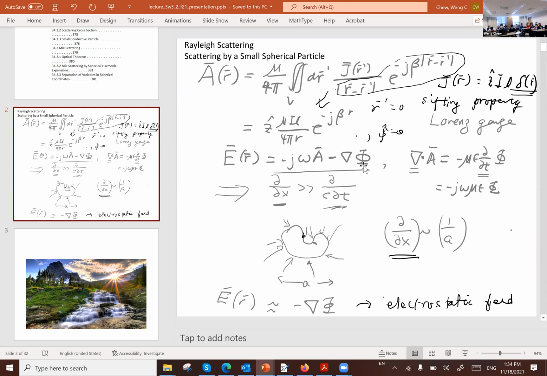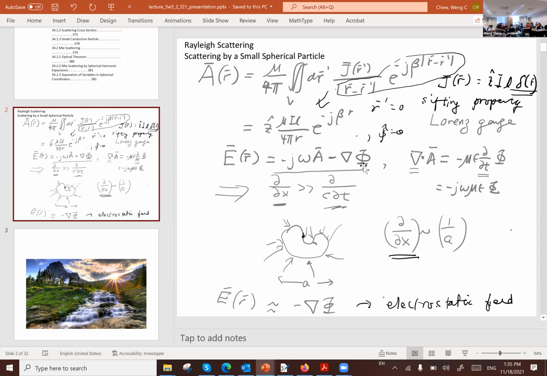We are very near to the source, so the spatial gradient is a lot bigger than the time derivative, and you only keep the scalar potential term.